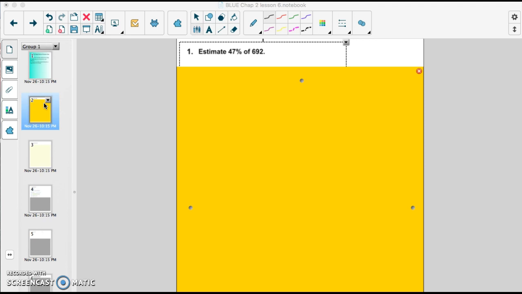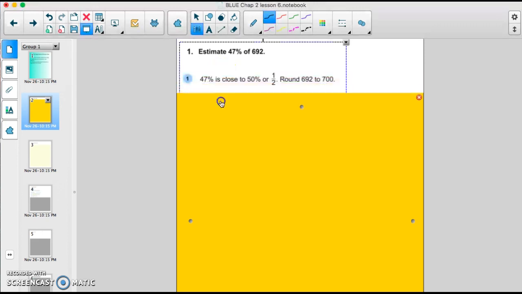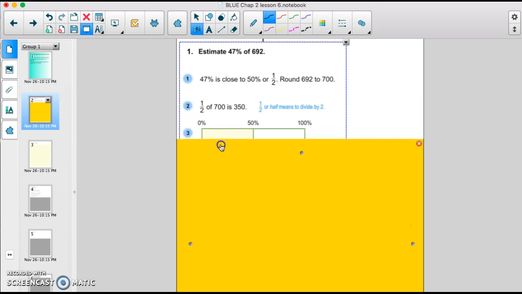Also looking at 692, that's close to 700. And we can cut 700 pretty quickly, hopefully in our heads a little bit. So again, taking 47, it's close to 50 or 1/2, and then rounding 692 to 700. So when I do that, I get 1/2 of, remember of means multiply, so 1/2 times 700, or cut 700 in half to get approximately 350.